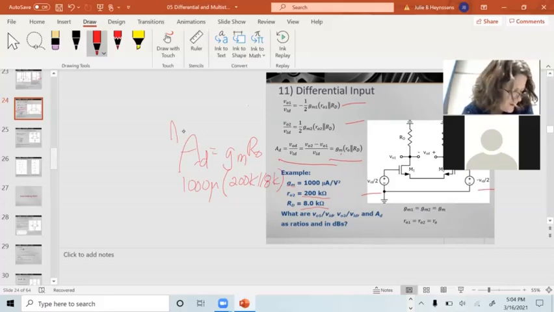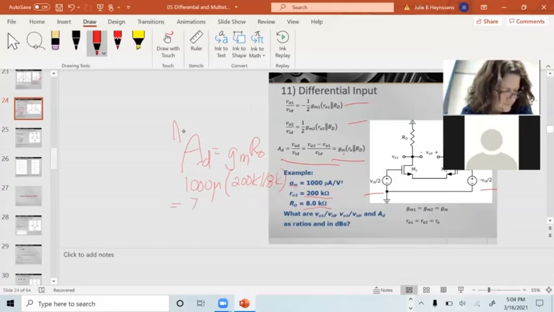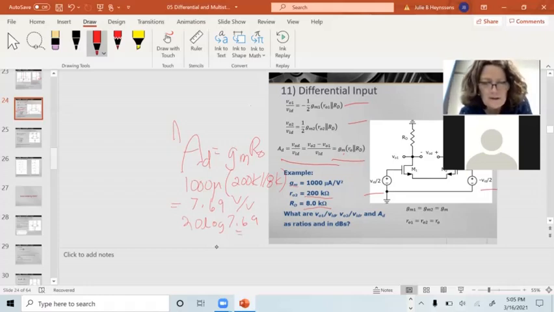And this is going to come out to be 7.69. Did I really do that? Yes, I did. 7.69. I'm amazed at the way I used to solve things. And that's volts per volt. If I want to find that in dB, I just take 20 times the log of 7.69, because this is a voltage gain. And that comes out to be 17.7 dB.